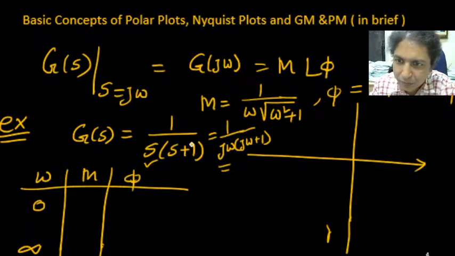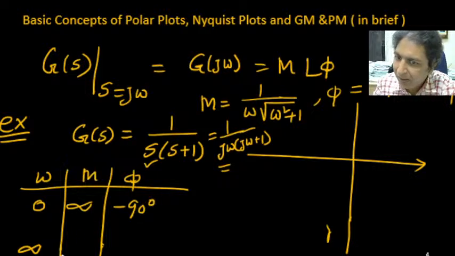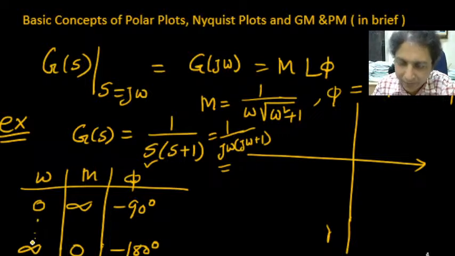At omega equal to 0, m equals infinity and phase will be minus 90 degree, and when omega equals infinity, magnitude will become 0 and phase will become minus 180 degree. In between it will vary, so magnitude is reducing and phase is moving towards minus 180 degree.